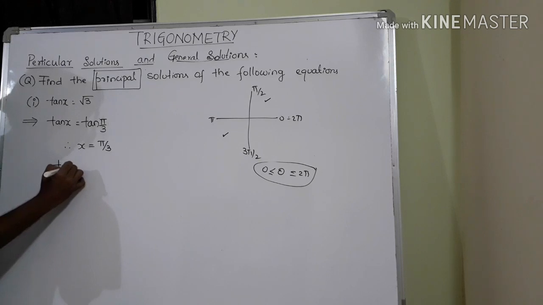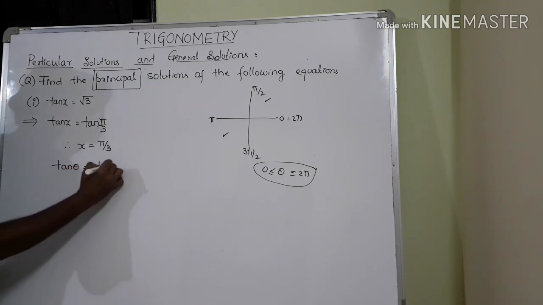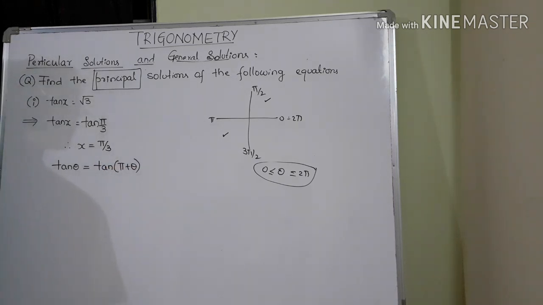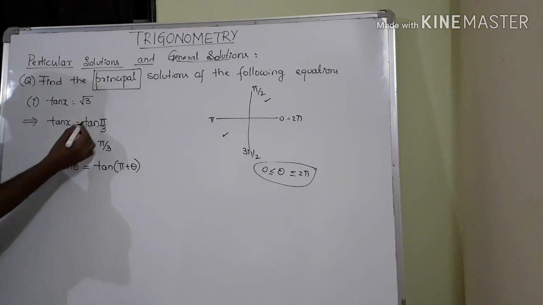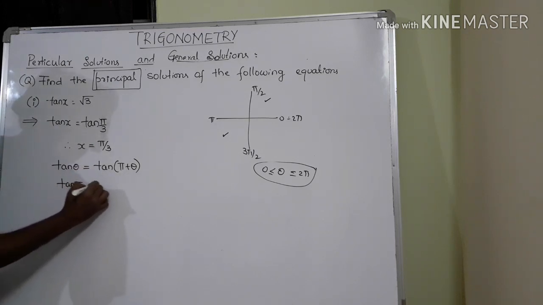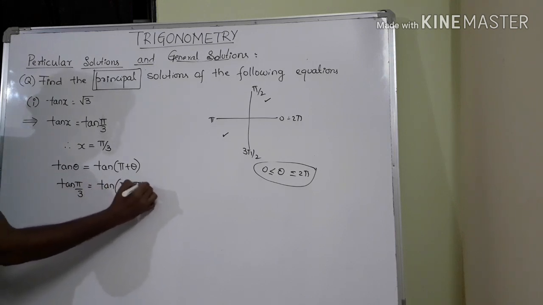As I told you in the basics that tan theta is nothing but tan pi plus theta, because in the third quadrant also we'll get the same answer. So tan pi by 3 can also be written in the way that tan pi plus pi by 3.